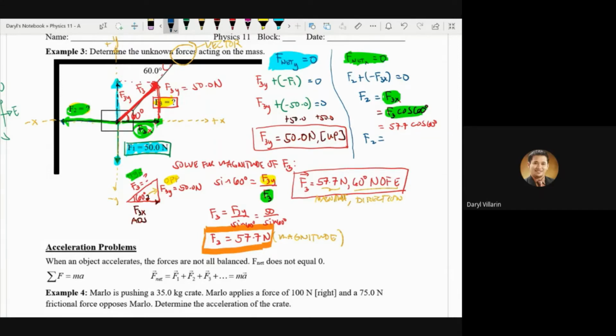That would be around 28.9 newtons. Or again, final answer would be 28.9 newtons. Direction is west. Okay, so that would be your final answer, both the magnitude and direction.